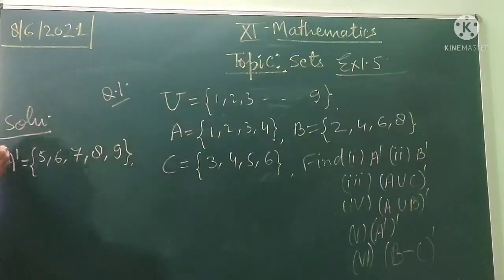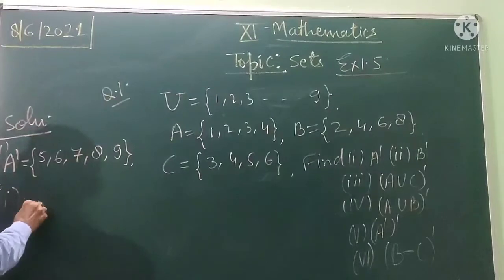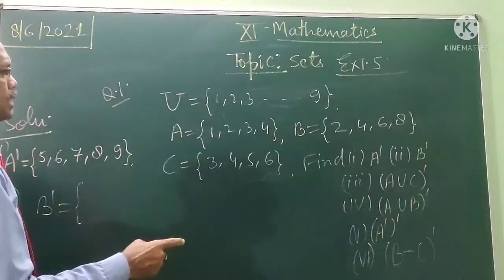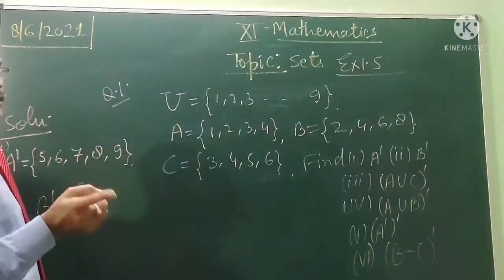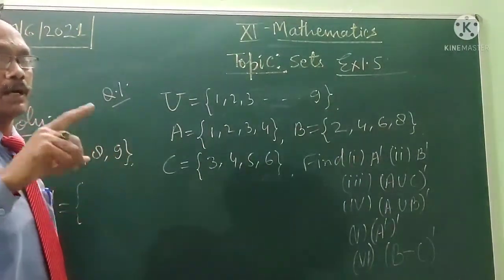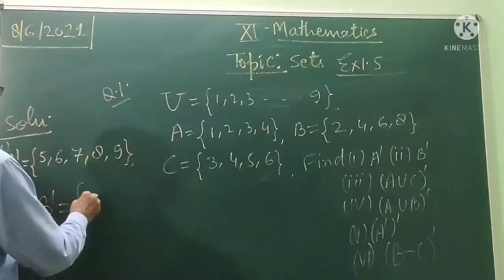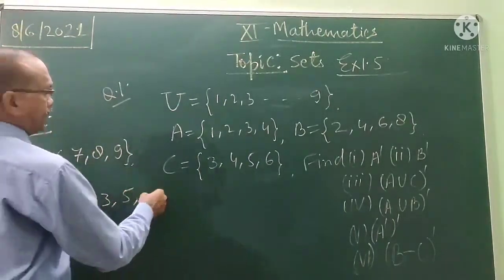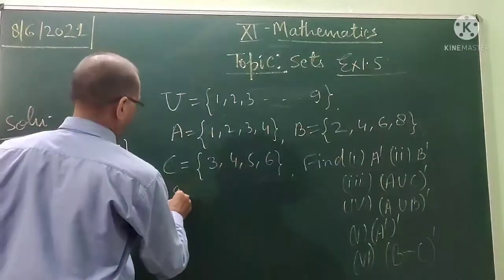Now the second part, B complement. There are the elements which belong to the universal set but do not belong to B. So it is 1, 3, 5, 7 and 9.